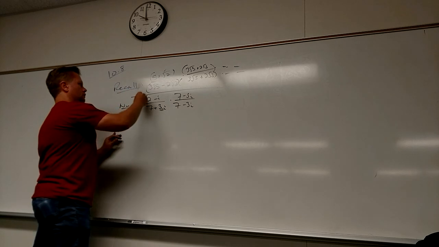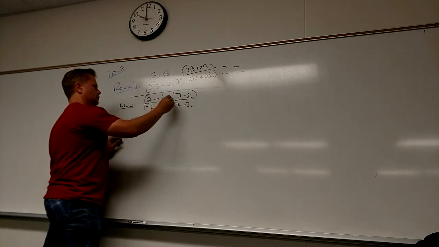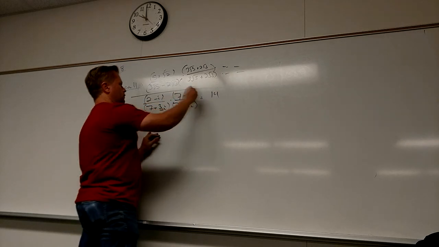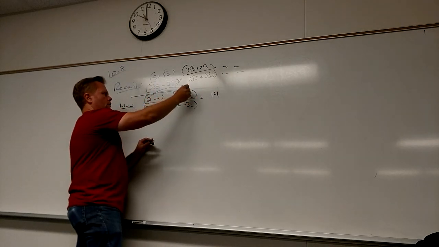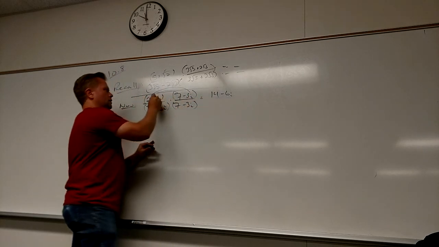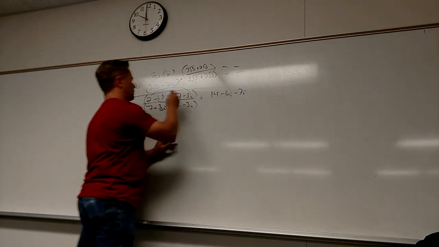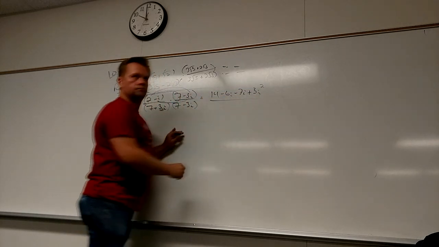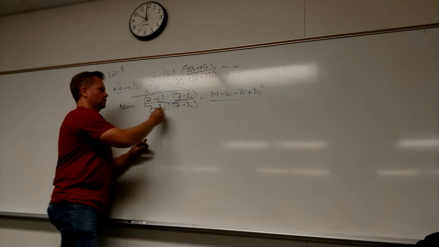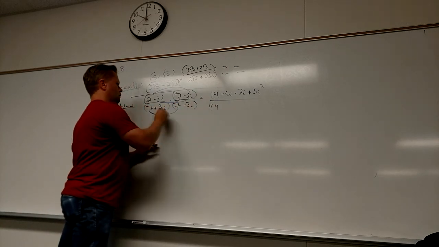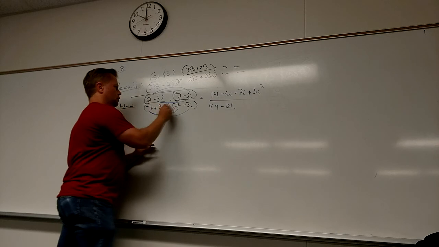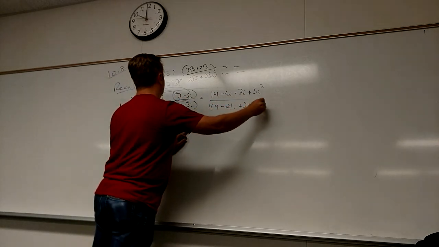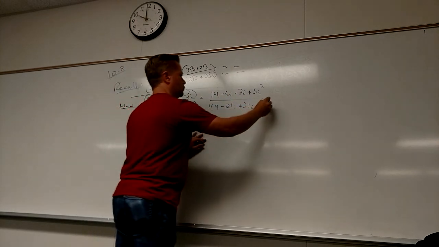Okay, so let's see. Just put those understood parentheses in there and FOIL this. On the top I get 14 minus 6i minus 7i plus 3i squared. On the bottom I get 49 minus 21i plus 21i, like we designed it, minus 9i squared.